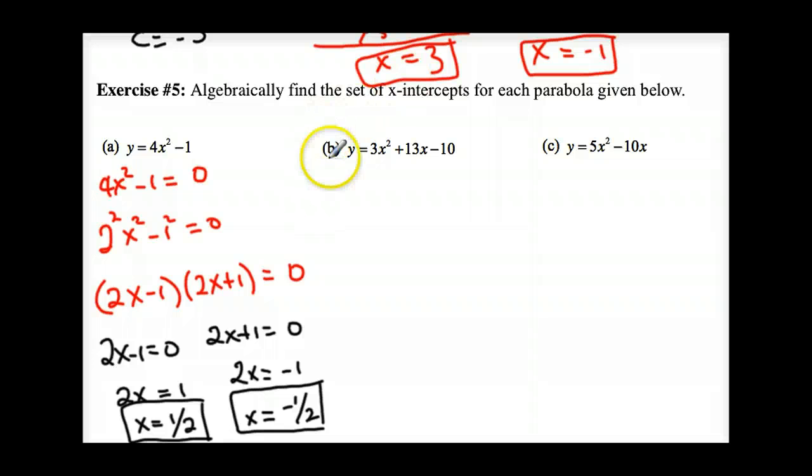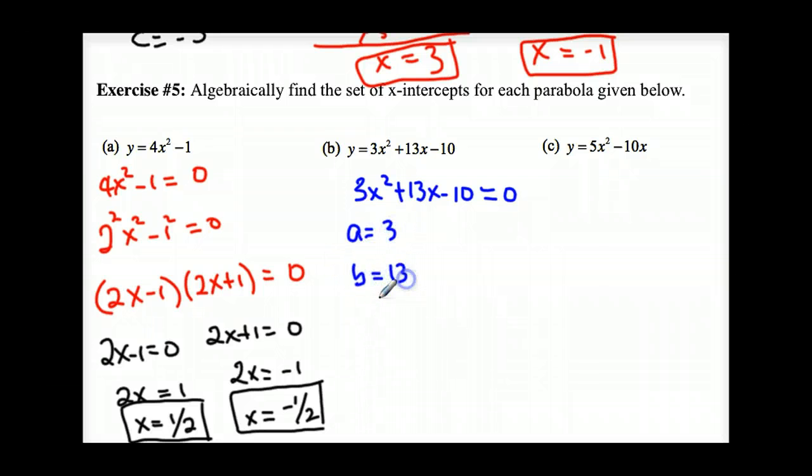Let's go ahead and try B. So it's going to be 3x squared plus 13x minus 10 equals 0. Now let's say my a is 3, my b is 13, and my c is -10. Multiply a and c to get -30 on the top and 13 on the bottom. So we all know these numbers.